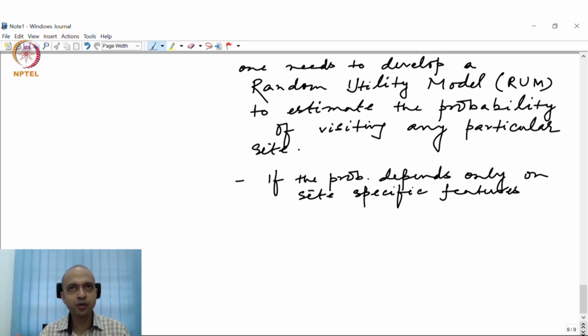What is the size of the park, what is the greenery, what is the entry fee, or how many species are there, and so on and so forth.